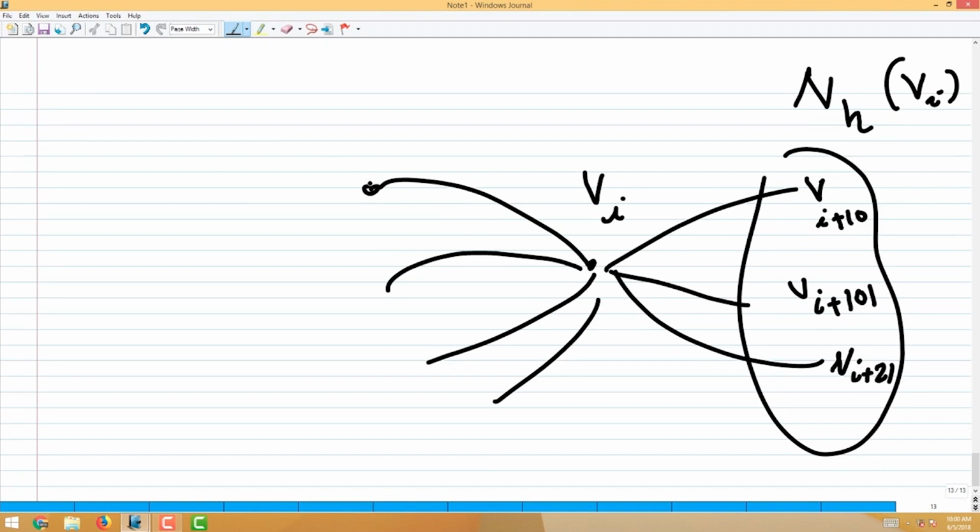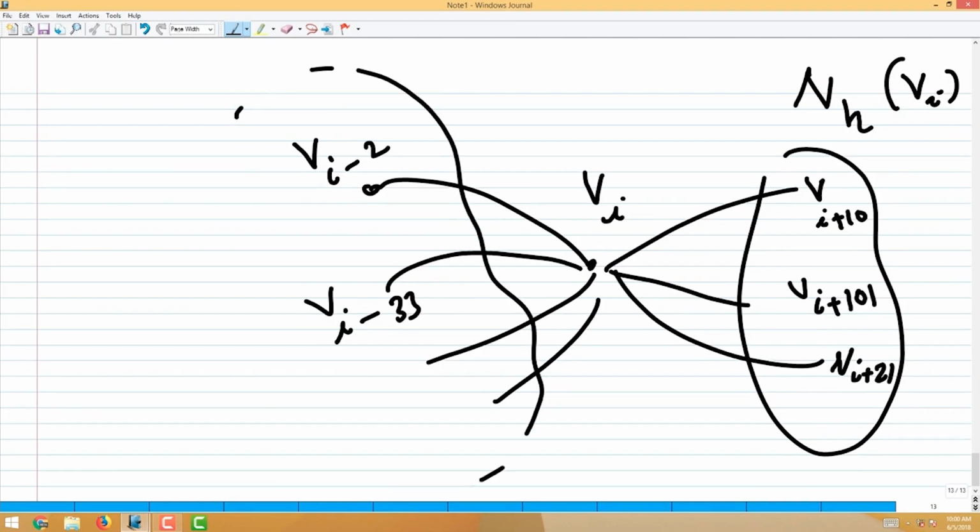And here this is Vi minus 2, Vi minus 33, something, smaller numbers. So according to your strategy, all these vertices are colored by the time Vi is to be colored.